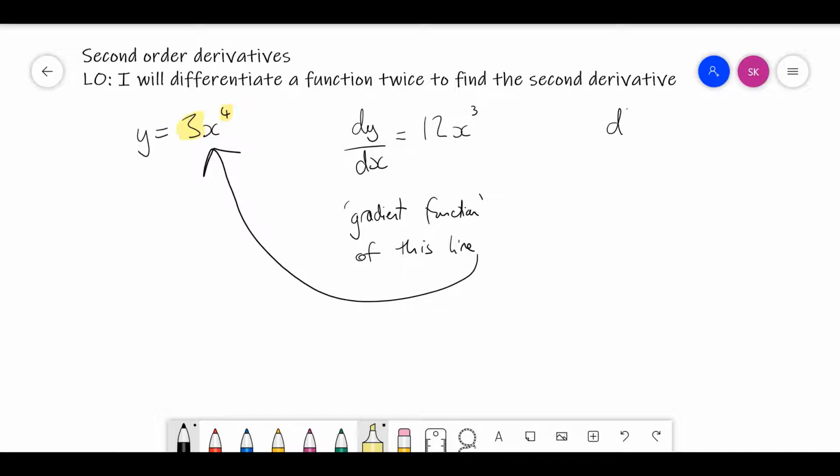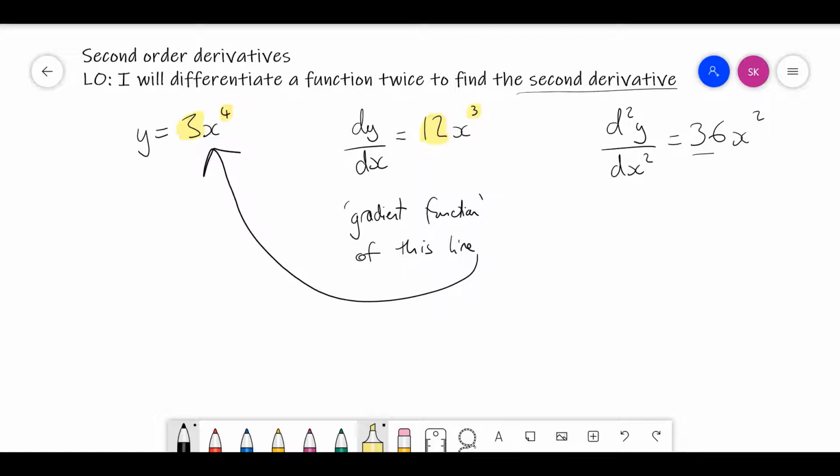And we write it as d2y by dx squared. This is called the second derivative or the second order derivative. So again, I take my power and multiply it by the coefficient, and then I subtract 1 from the power.